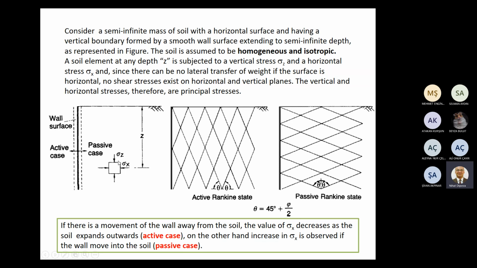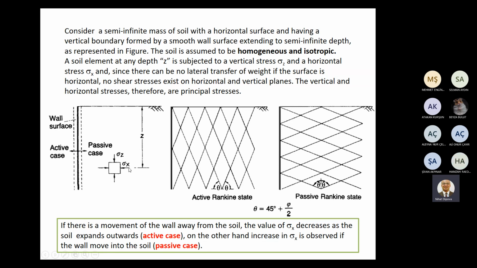And what about sigma z? Sigma z doesn't change, because sigma z depends on this thickness z. Because unit weight and z don't change, sigma z will stay constant. So, in Rankine theory, this state, when the wall moves away from the soil and sigma x decreases, is called active case.